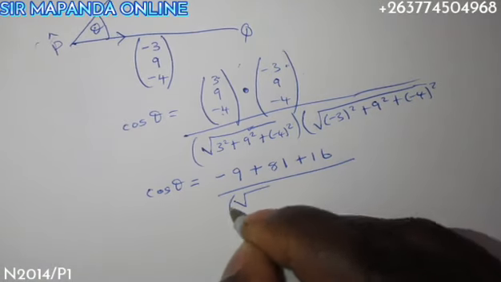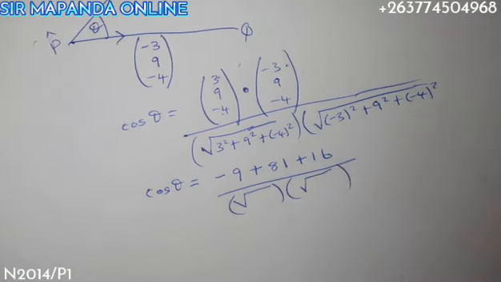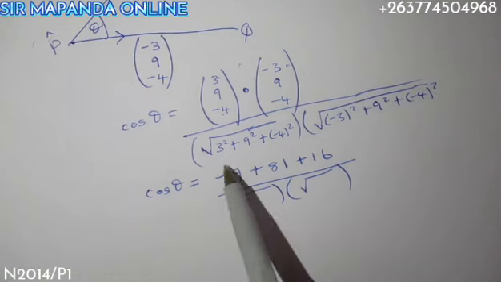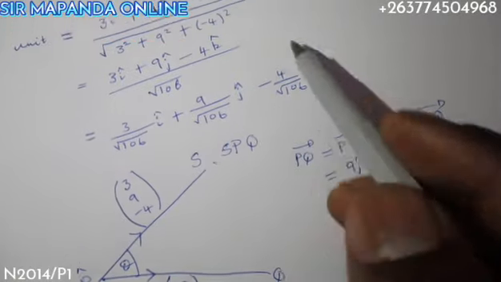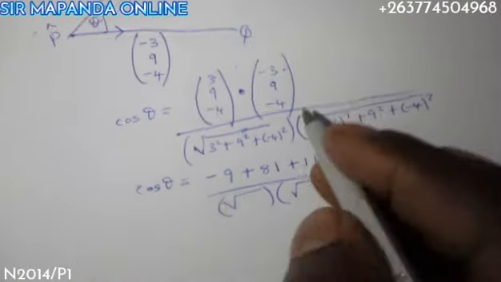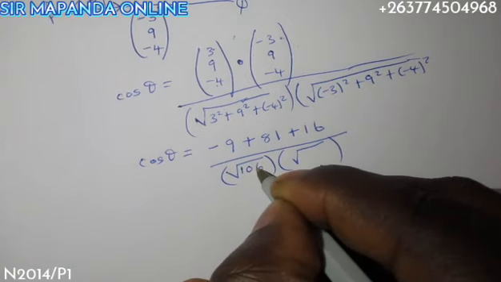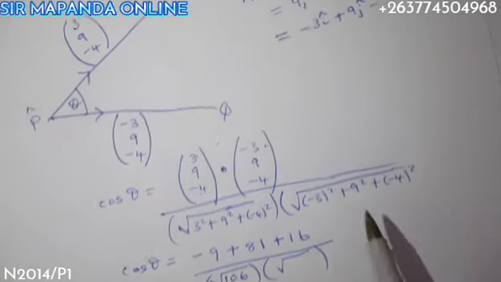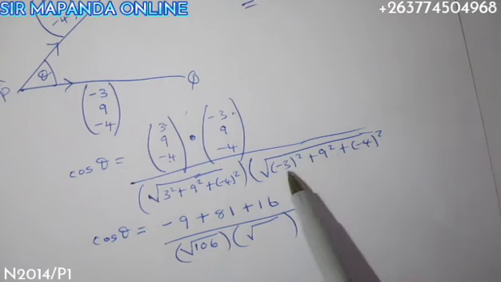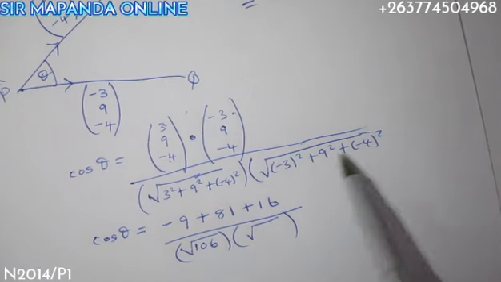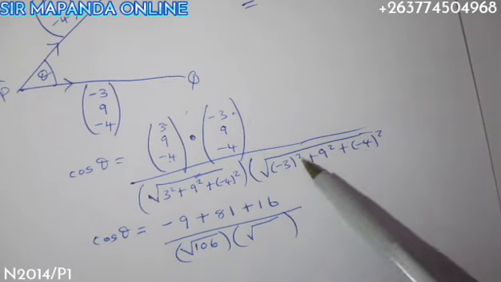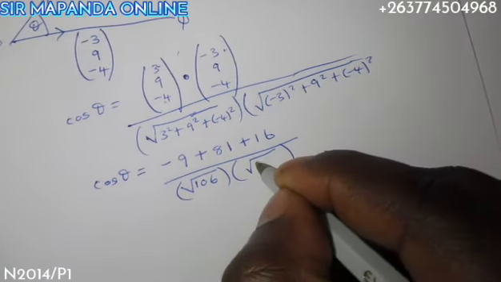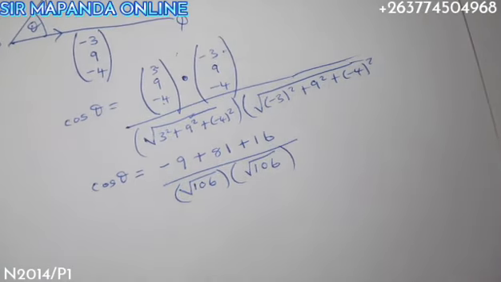Right, then you now need to simplify the root signs. So the modulus of PS, we got it already in part A. It was the square root of 106. So you are simply putting 106 here. Then if you look clearly, we have the same numbers. Though here is 3 squared and minus 3 squared, they are all the same. So they still give you 106 if you punch it in your calculator.